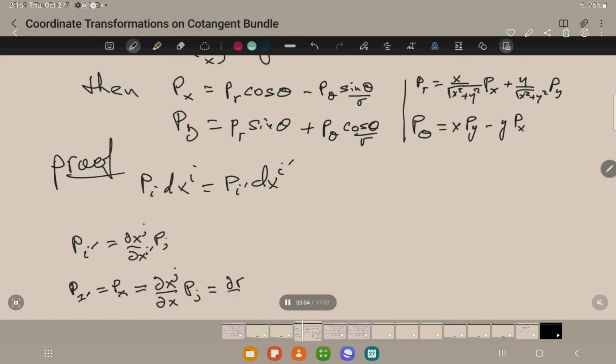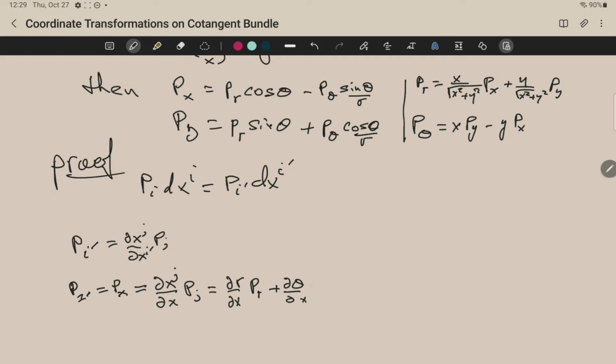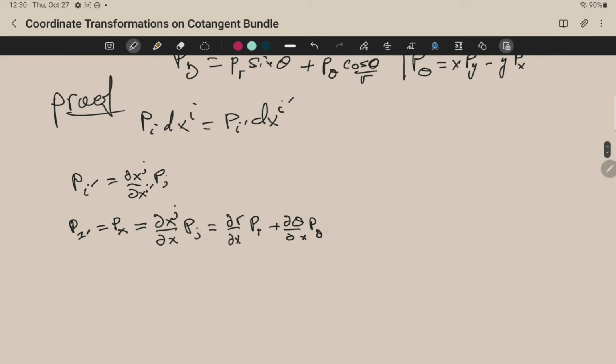So the partial of r with respect to x times Pr, plus the partial of theta with respect to x times P theta. We just have to take the two derivatives.